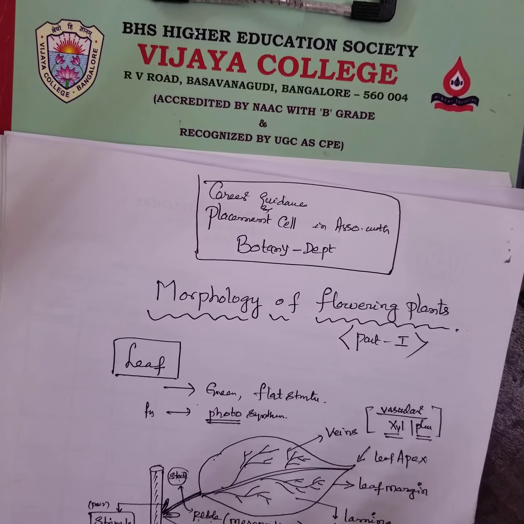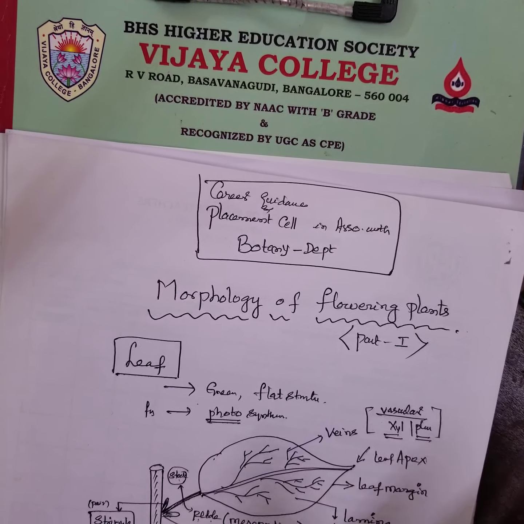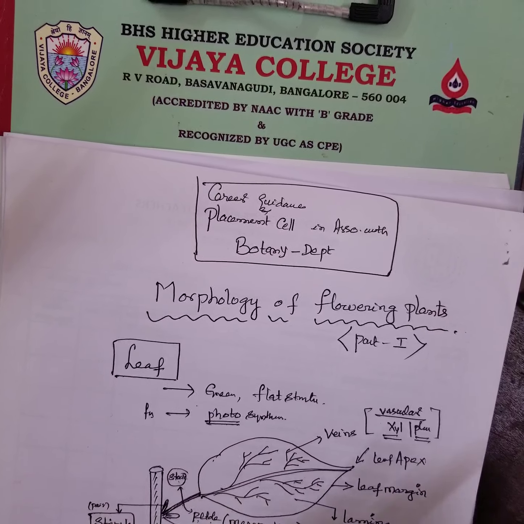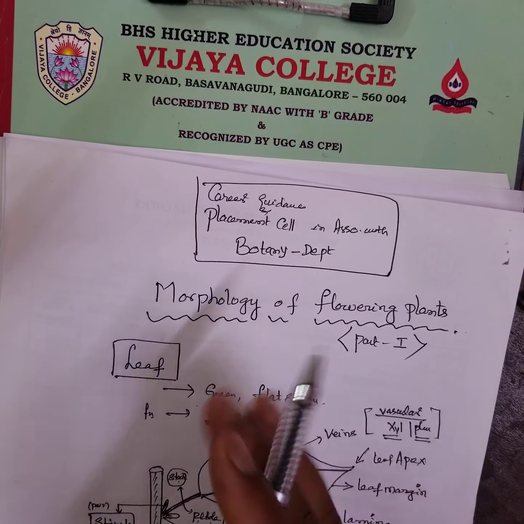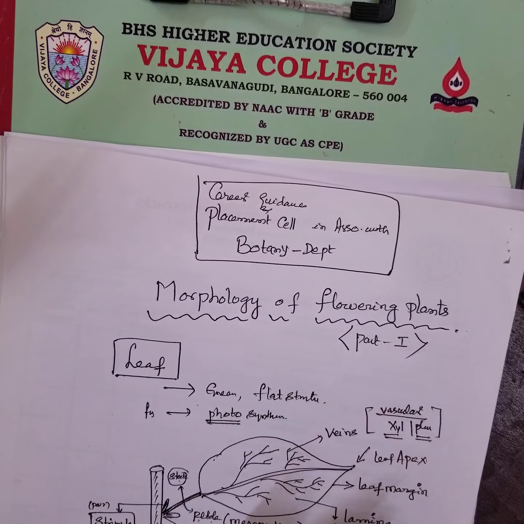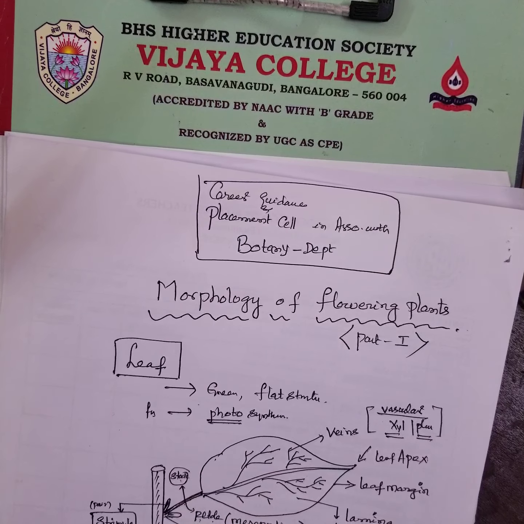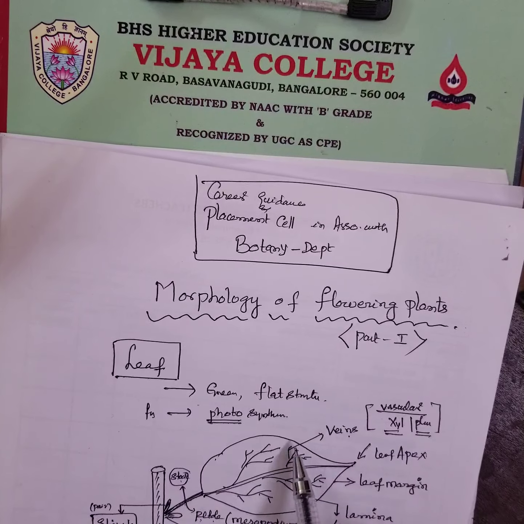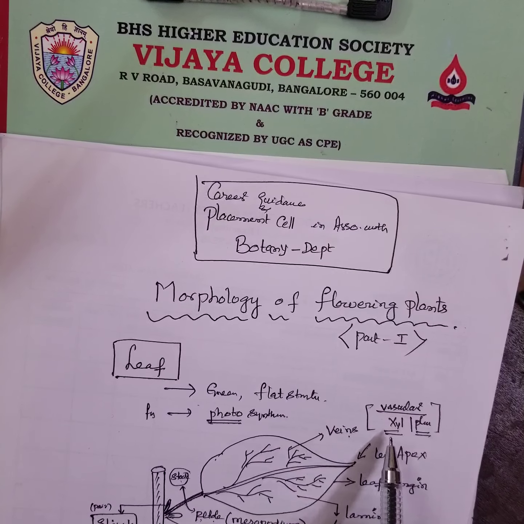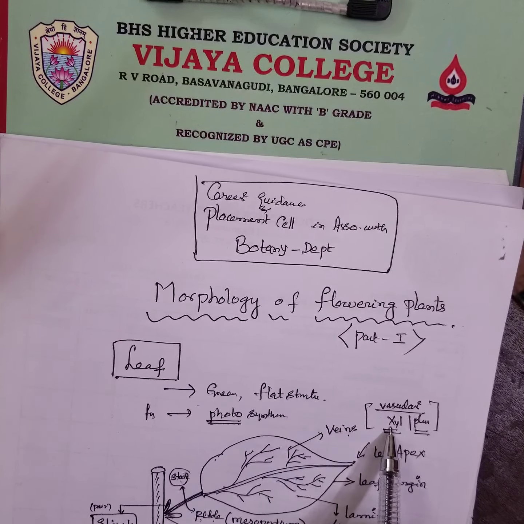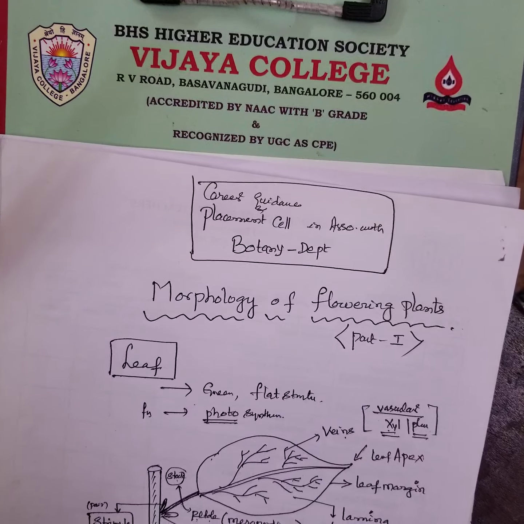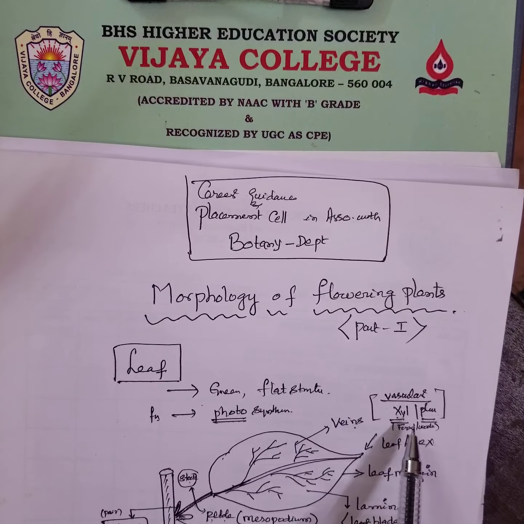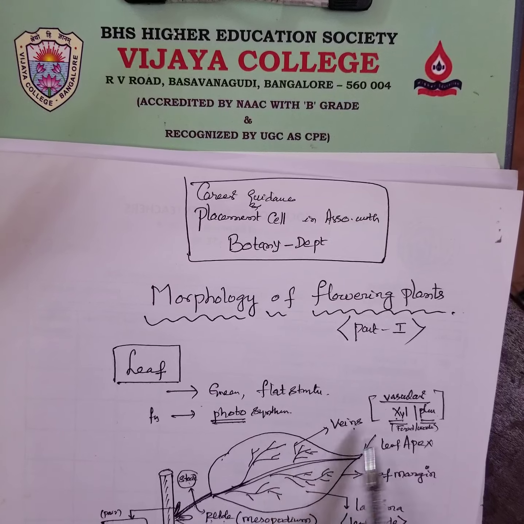If you write Xylem and Phloem that is enough, don't give big detail on this one. They'll just ask you for 2 marks. You have already studied; I am recollecting whatever you have studied, right? Vascular, this vein contains vascular tissue, xylem and phloem. The food and water supply is what? Xylem, phloem, coming through the vein.